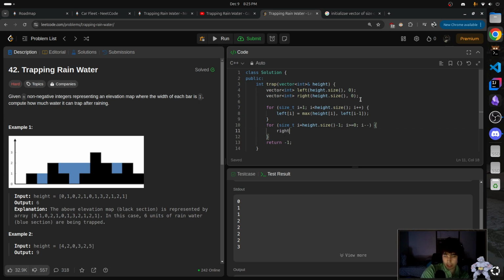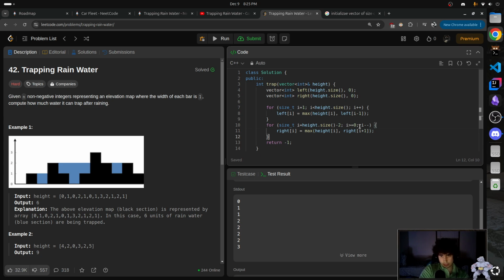Right at spot I is equal to the max of height. Should this be minus 2? Max at spot right at spot I. Okay, so I'm pretty sure that's right.